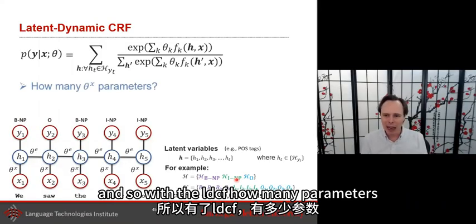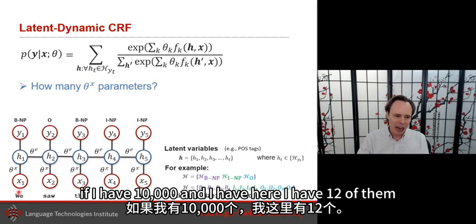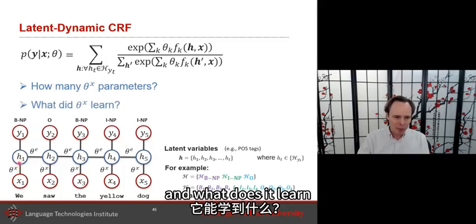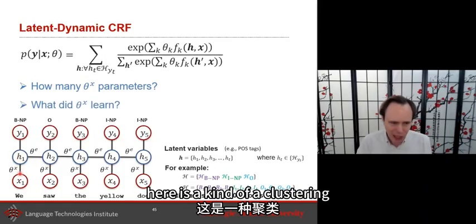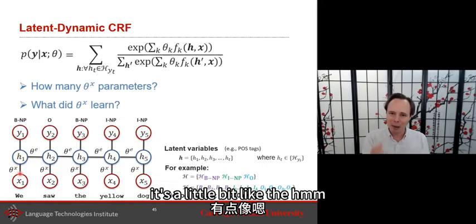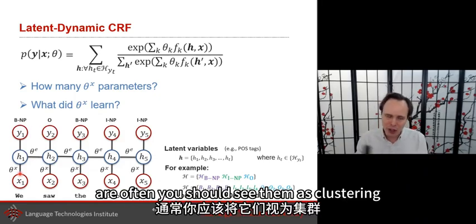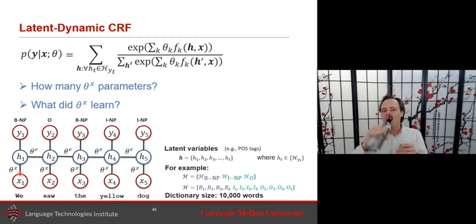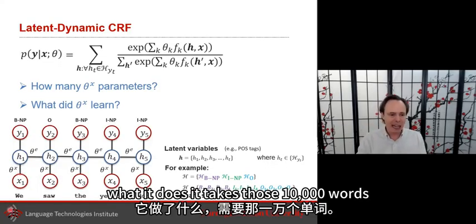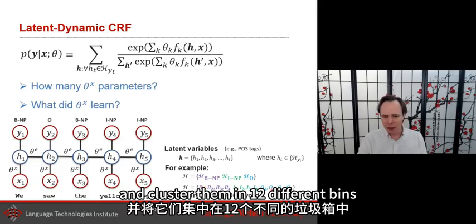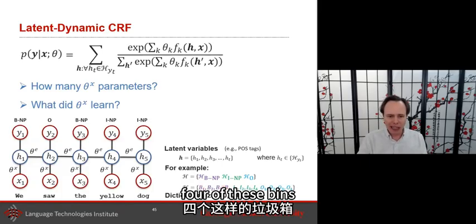And so with the LDCRF, how many parameters here? If I have 10,000 words and I have 12 states, it will be 12 times 10,000. And what does it learn? Here is a kind of clustering. It's a little bit like the HMM. Latent variables are often something you should see as clustering. What it does is it takes those 10,000 words and clusters them in 12 different bins.